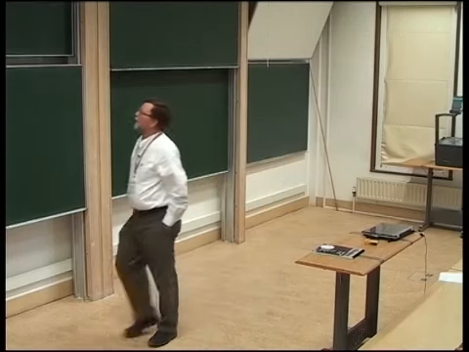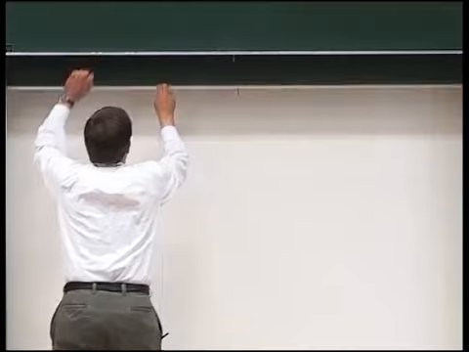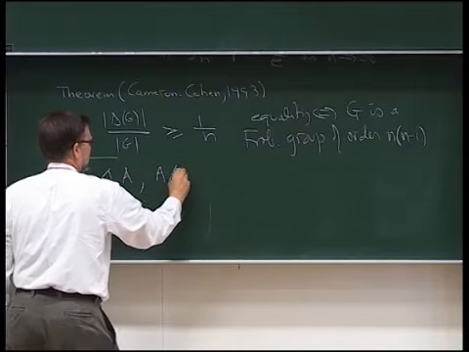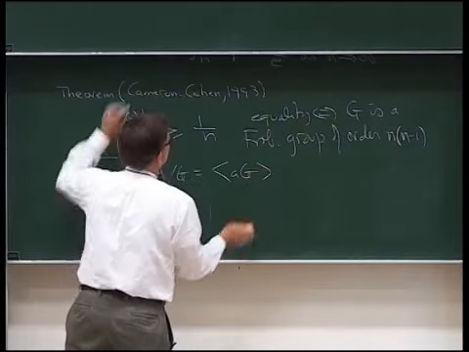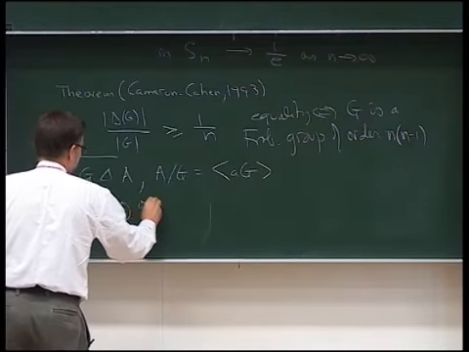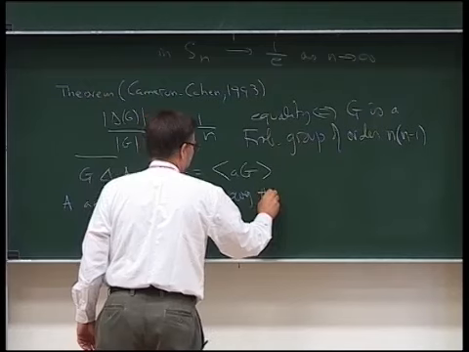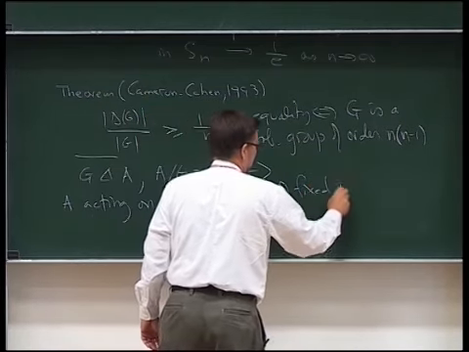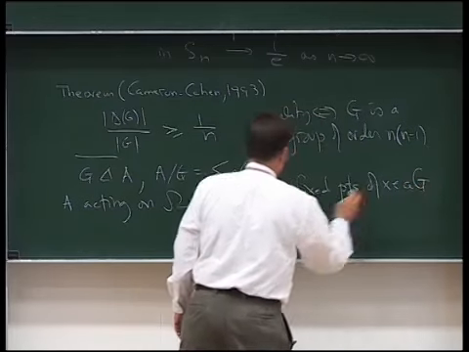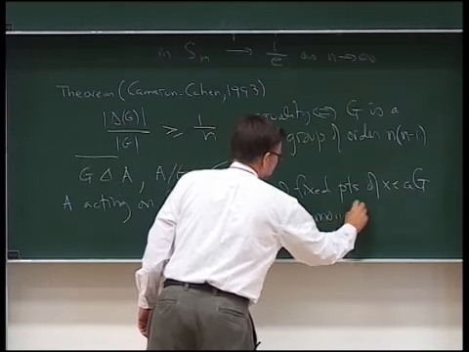So the generalization of that is: if G is normal in A, and A mod G is cyclic, so to say generated by the coset AG, and you have A acting on omega, that implies that the average number of fixed points of an element in that coset is equal to the number of common AG orbits.